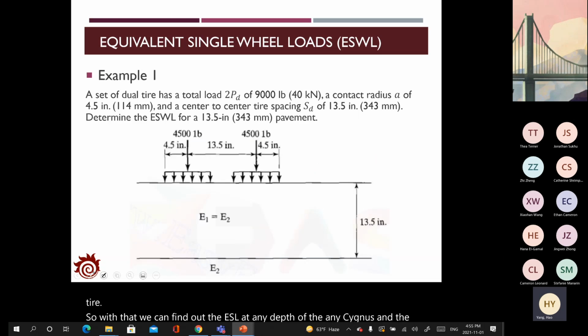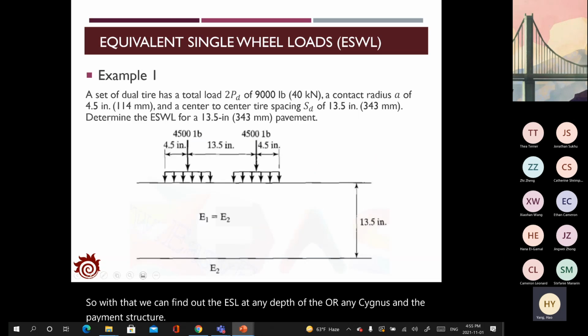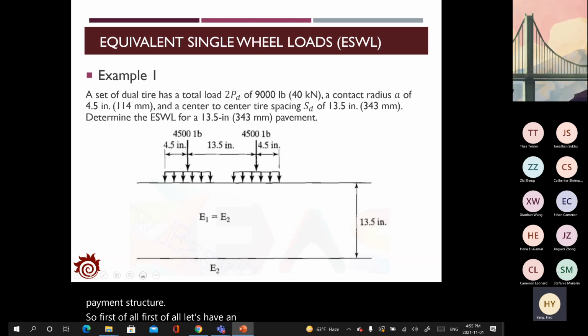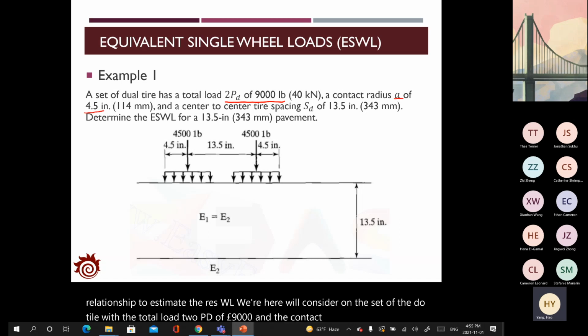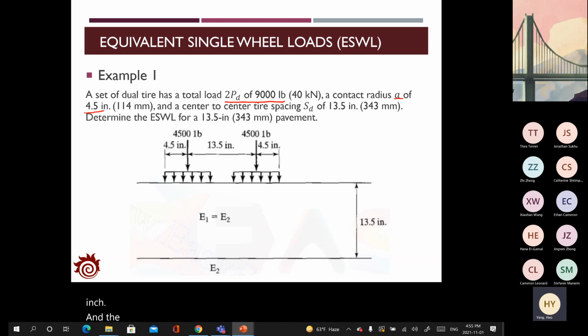So first of all, let's have an example to see how we can use this relationship to estimate the ESWL. We'll consider a set of dual tire with a total load 2 PD of 9,000 pounds, and the contact radius A is set as 4.5 inch, and the center to center tire spacing SD is 13.5 inch.